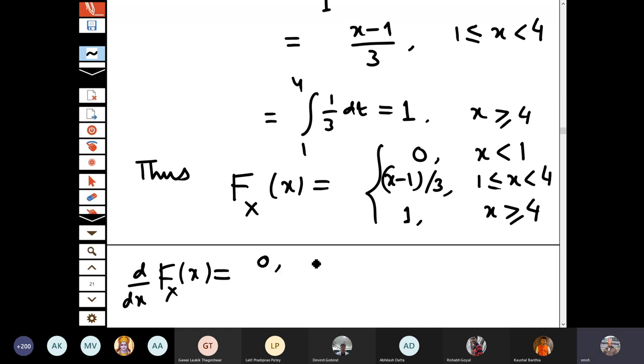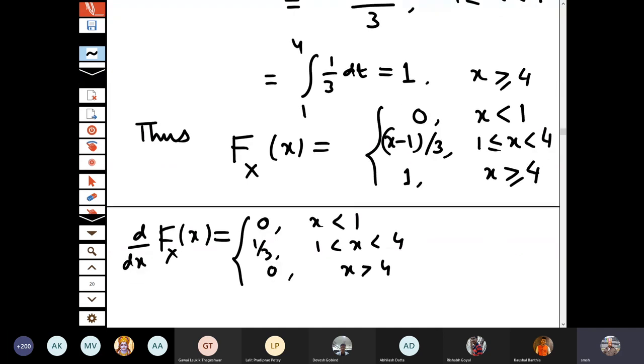So it is 0 for x less than 1, 1/3 for 1 less than x less than 4, and 0 for x greater than 4. Now let us look at this explanation of the point for almost all x. You can see here that there is a problem at x equal to 1 and x equal to 4. Is the function differentiable at x equal to 1?